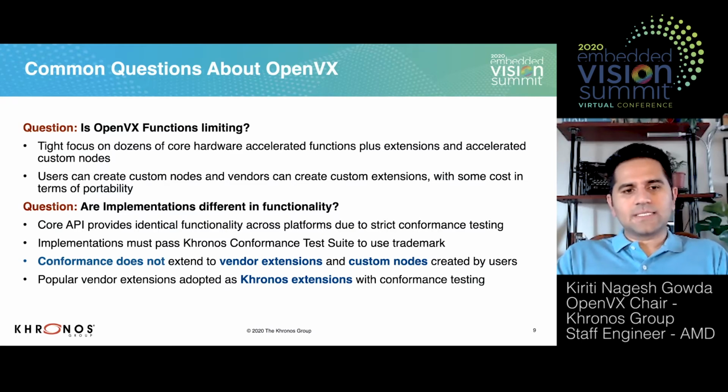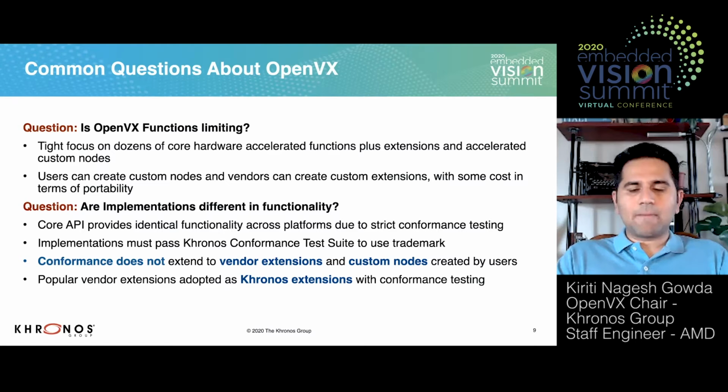And the other question is, are implementations different in functionality? Again, not true, because if a person or a company submits for conformance for OpenVX, they have to pass hundreds or thousands of tests which verify and validate each and every function's outputs.